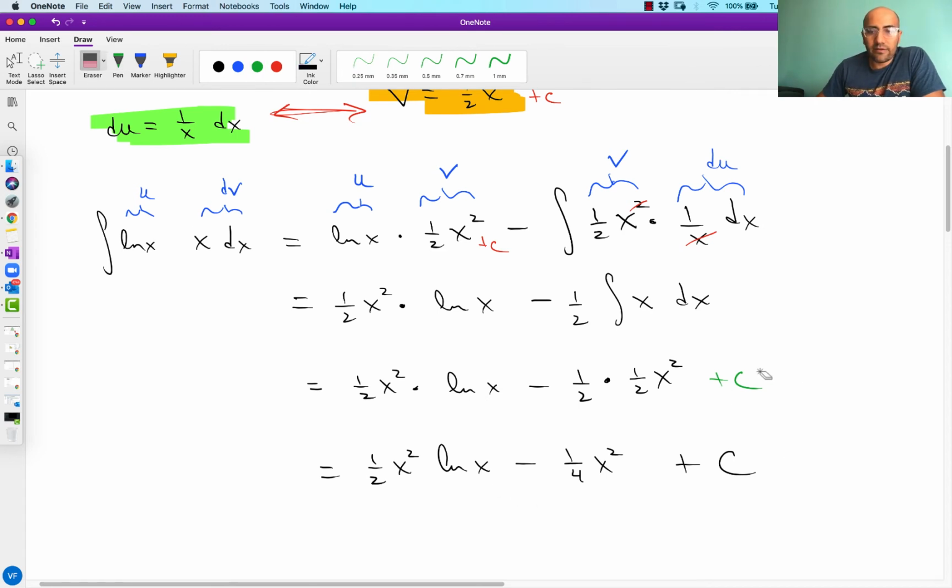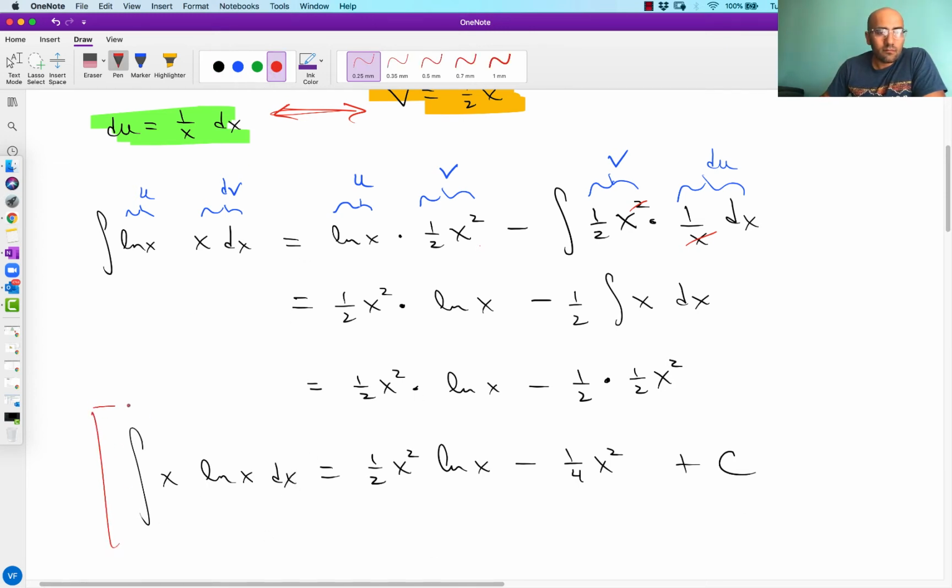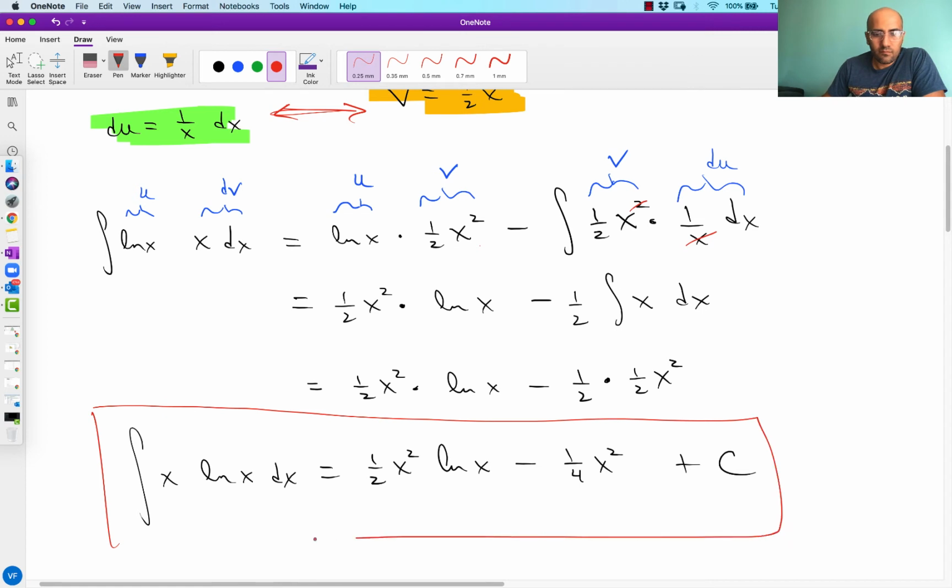That's all that really matters, and so we don't really need to keep track of them. All right, so that means that the integral, putting it back the way it was, just flipping these around, of ln x dx is equal to this. So we're done. That's how we solve that integral.